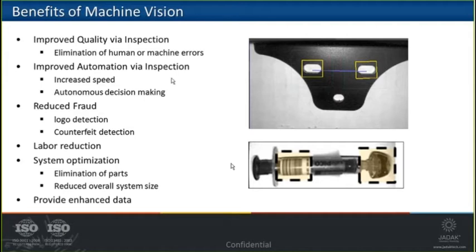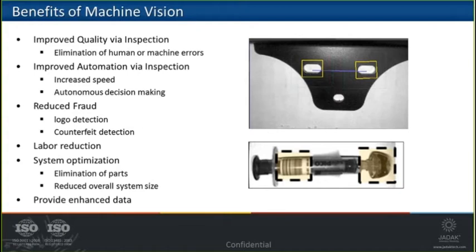A couple other things, you can improve automation, so that's all around going faster and getting better throughput. So a lot of the systems that we integrate our cameras into are automated systems. You imagine a sample moving through a clinical blood analyzer that's going to be all automated. You're going to use machine vision in order to make that automation more efficient and quicker.